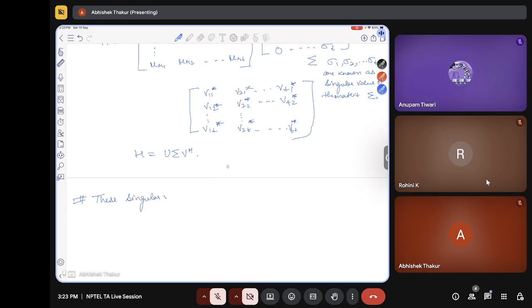So non-negative means sigma i is always greater than or equal to 0, and ordered means sigma 1 is greater than or equal to sigma 2, and this is greater than or equal to sigma 3, and so on.